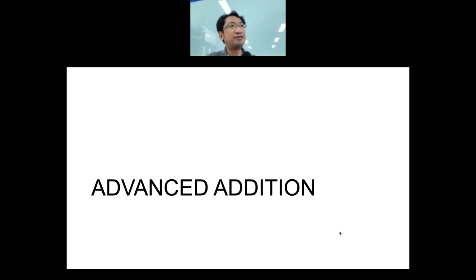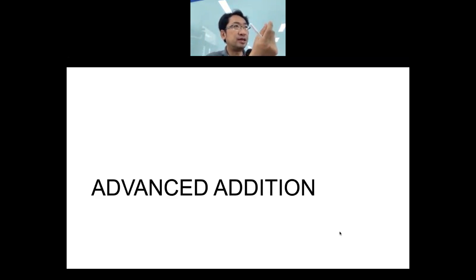Today we are going to have the discussion on the very advanced addition. This is one example of how to implement a better circuit, because in chapter 1 we talked about how to make the computer faster. We can apply more frequency to the circuit, for example, we use a faster CPU.